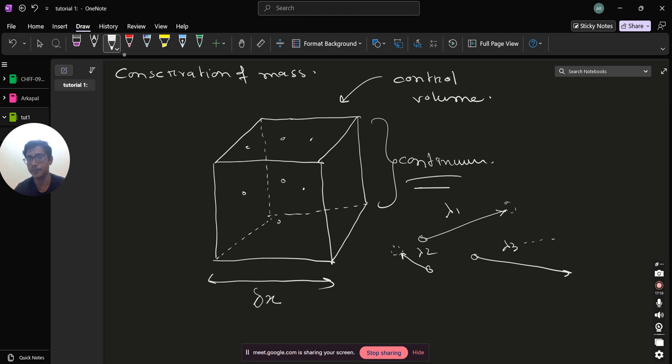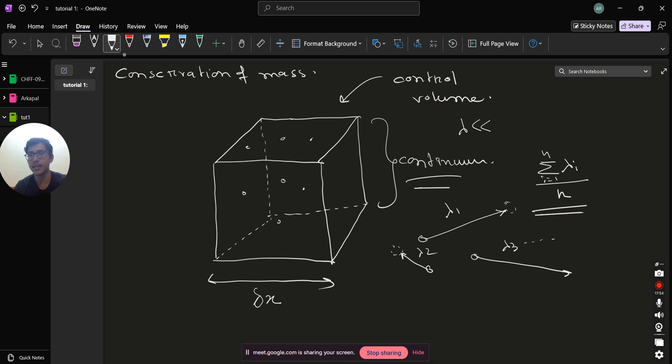The mean free path is the sum of lambda i from i equal to 1 to n, divided by n. The mean free path is the mean distance that a particle traverses before colliding with another particle.